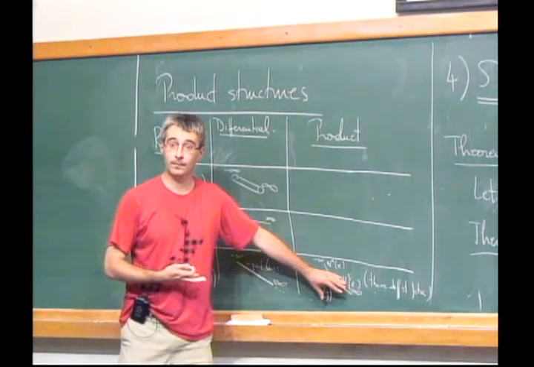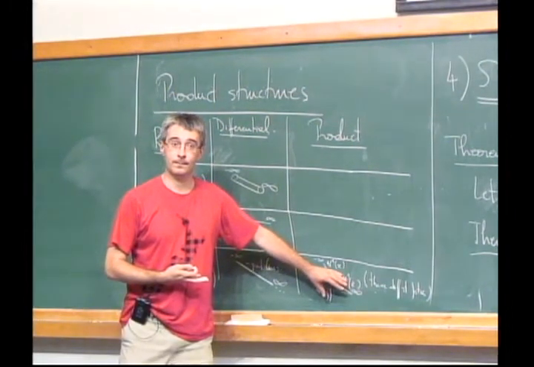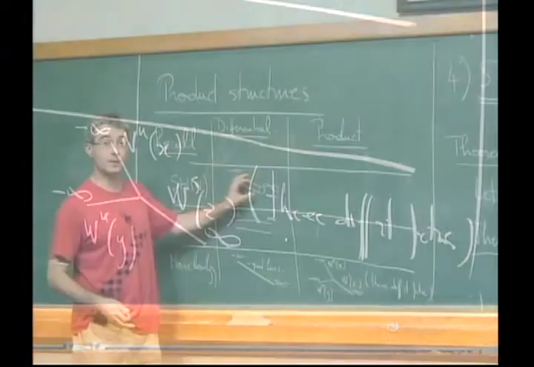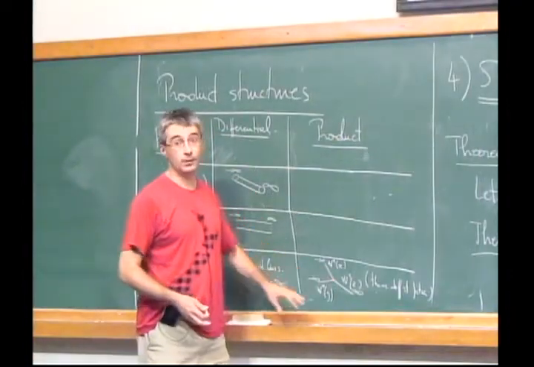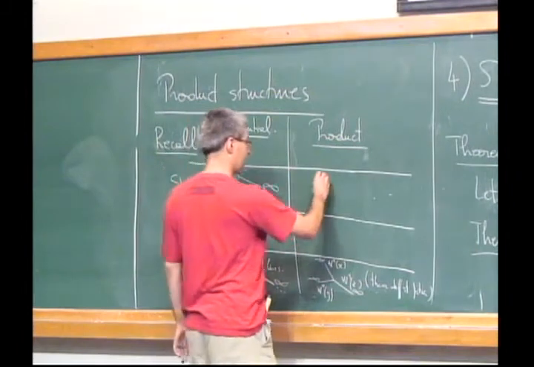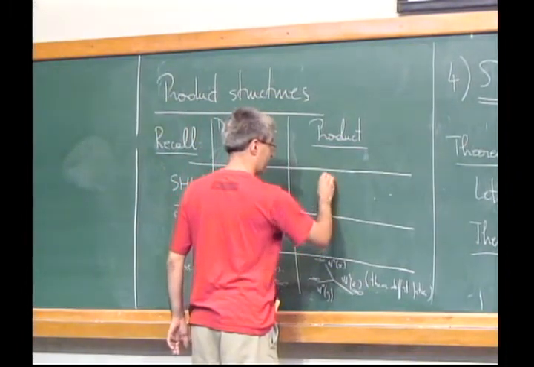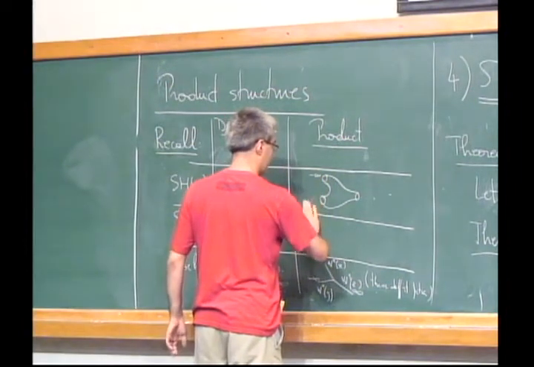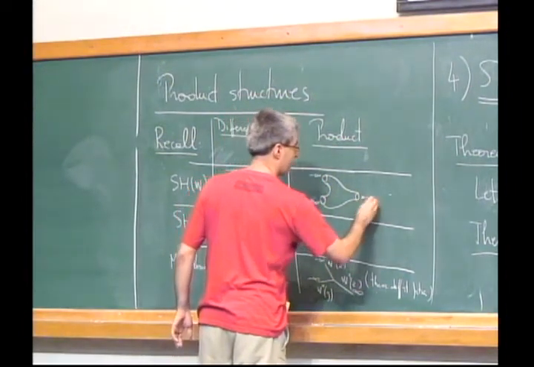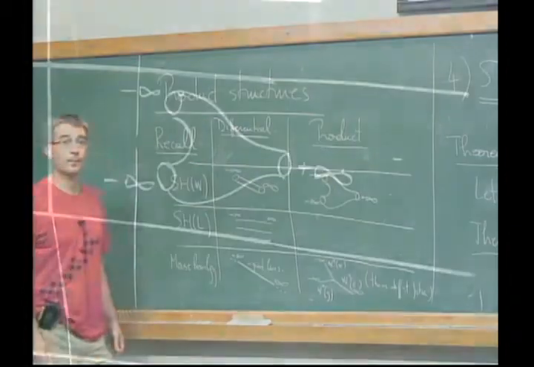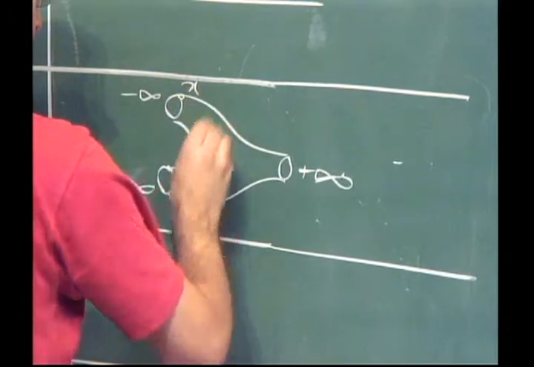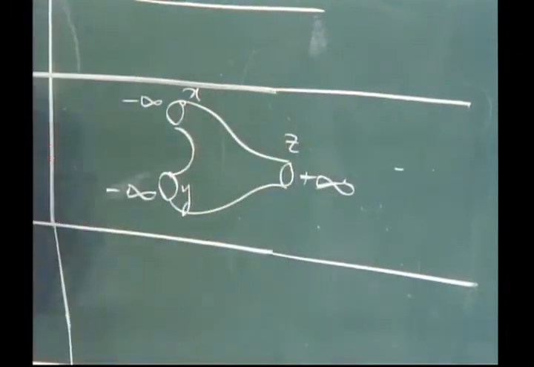So now, if you agree that this in Floer homology gets thickened to a cylinder, such a thing is going to get thickened to a pair of pants. These are the entries, X, Y, this is the exit.